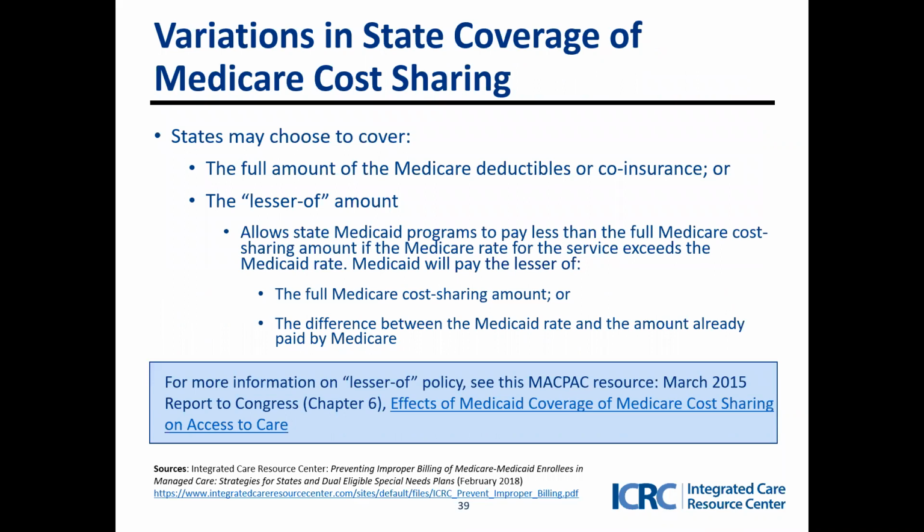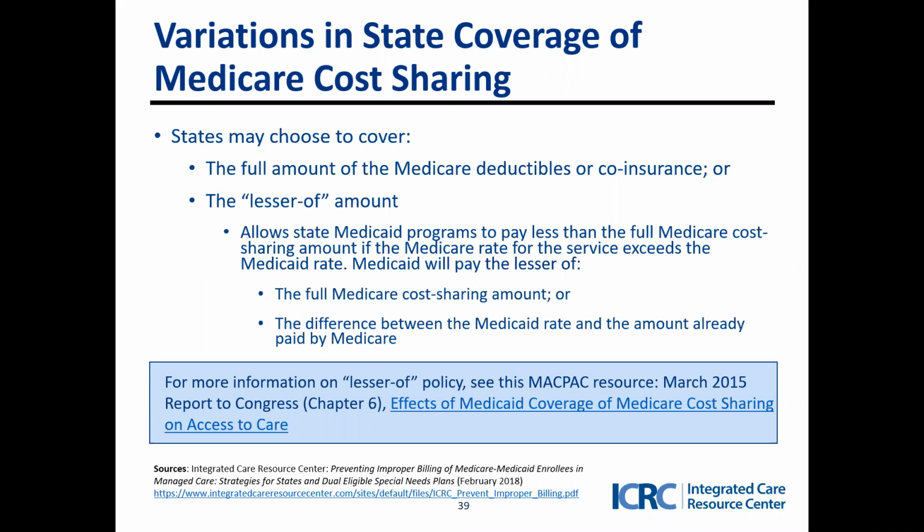So there are some variations in how states cover Medicare cost sharing. States can either cover the full amount of the Medicare deductibles or coinsurance, or choose to pay the lesser of amounts. The lesser of policy allows the state Medicaid programs to pay less than the full Medicare cost sharing amount if the Medicare rate for the service exceeds the Medicaid rate.